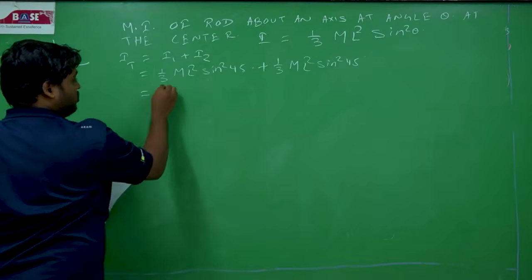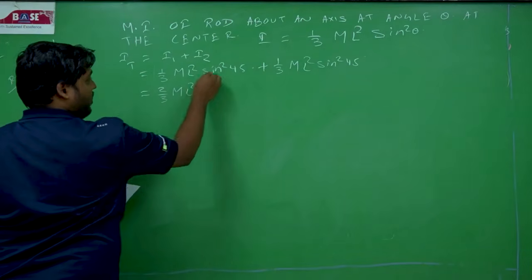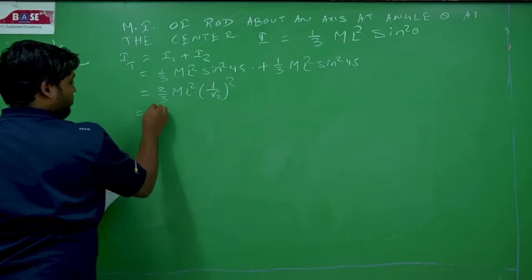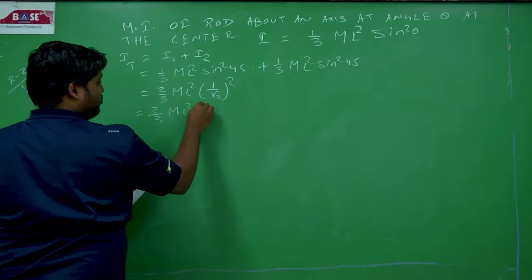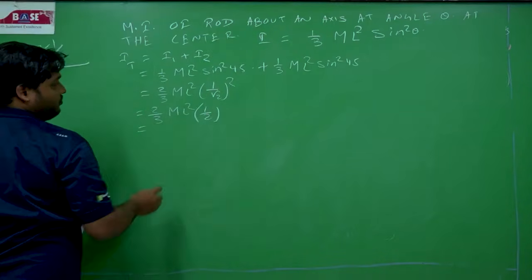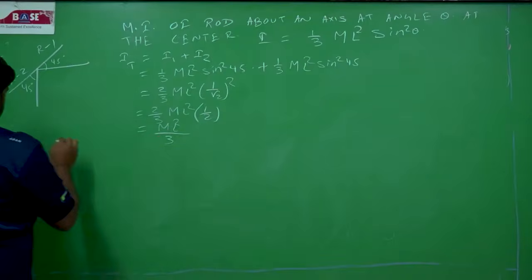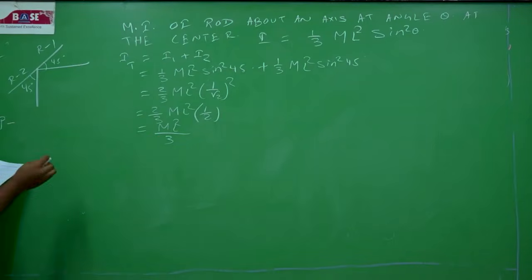So I am getting 2 by 3 ml square, and sine square 45 is 1 by root 2 whole square, so that will be 2 by 3 ml square into 1 by 2. So I am getting ml square by 3. So basically P matches with 5. Now for the second one, Q, the diagram will be given like this.